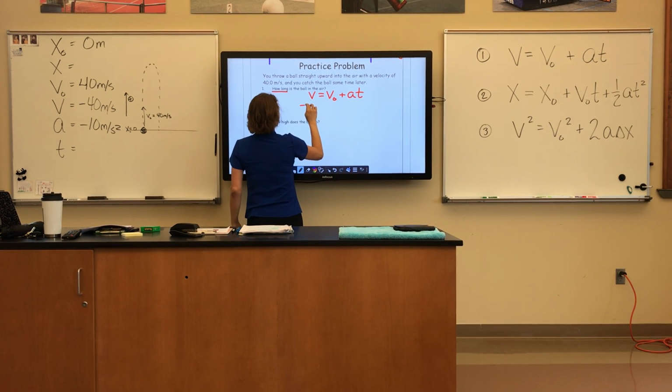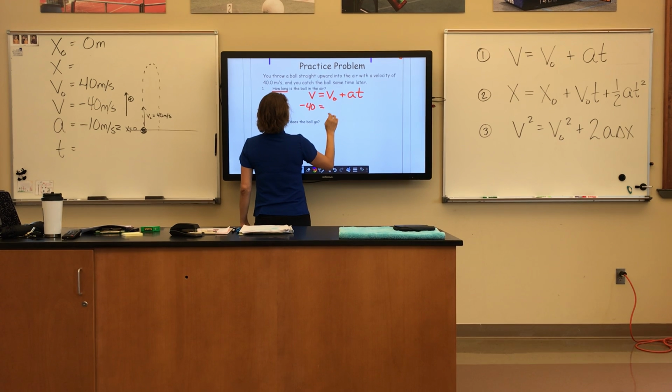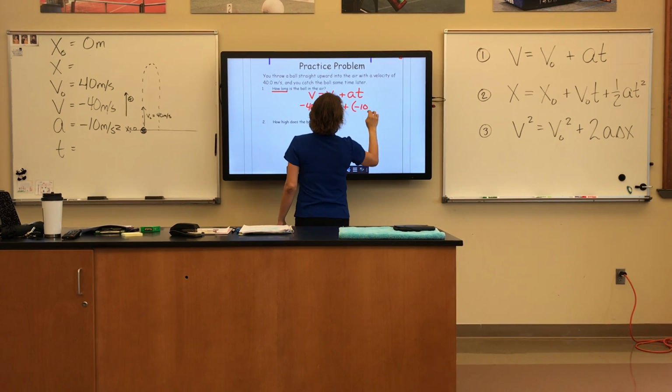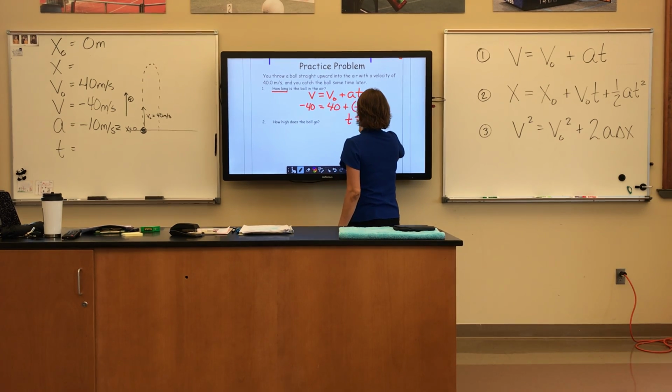Our final velocity is -40. Our initial velocity, 40, plus -10 t. Solve for t.